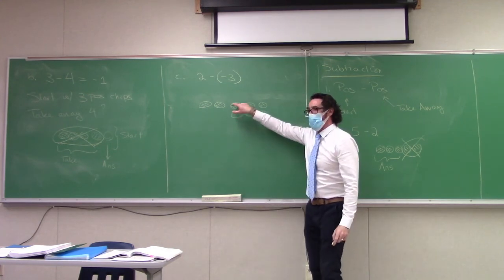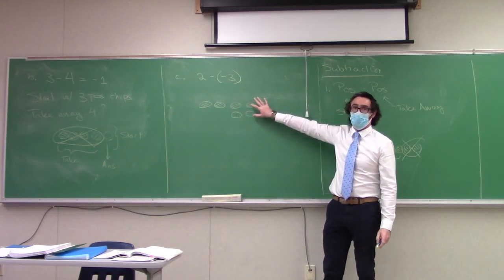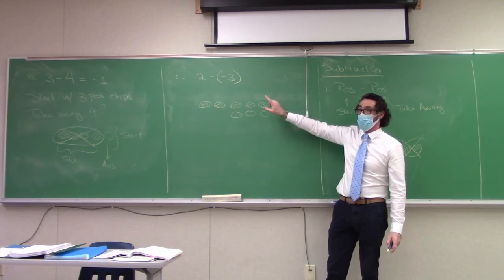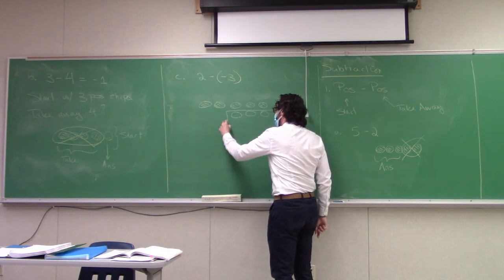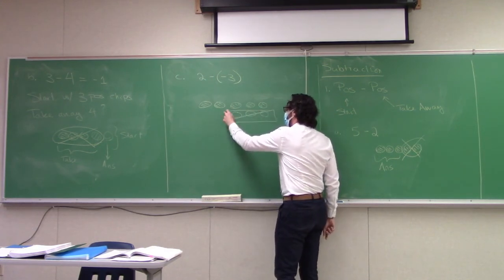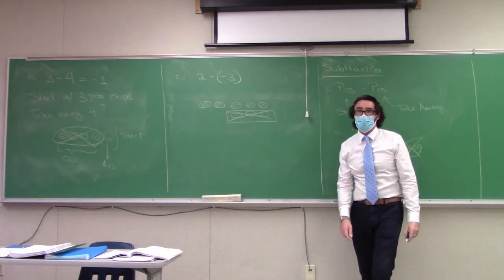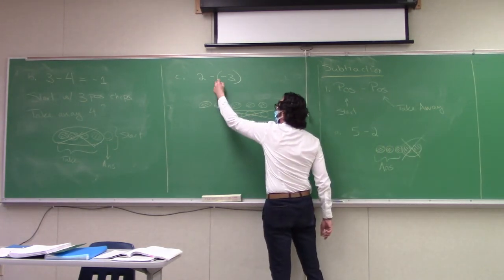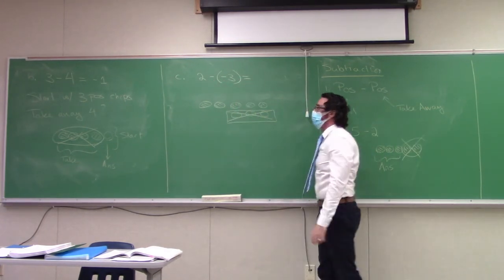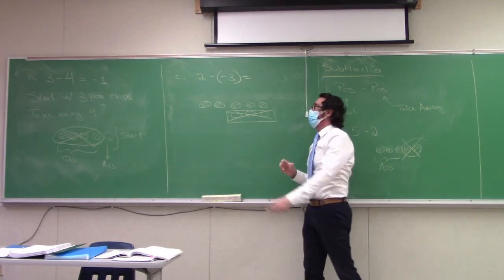Okay, so we keep on adding these pairs that cancel each other out. But the whole point of doing that is now, with that representation, I can take away those 3 negative chips. So what am I left with? 2 take away -3 is 5, right?